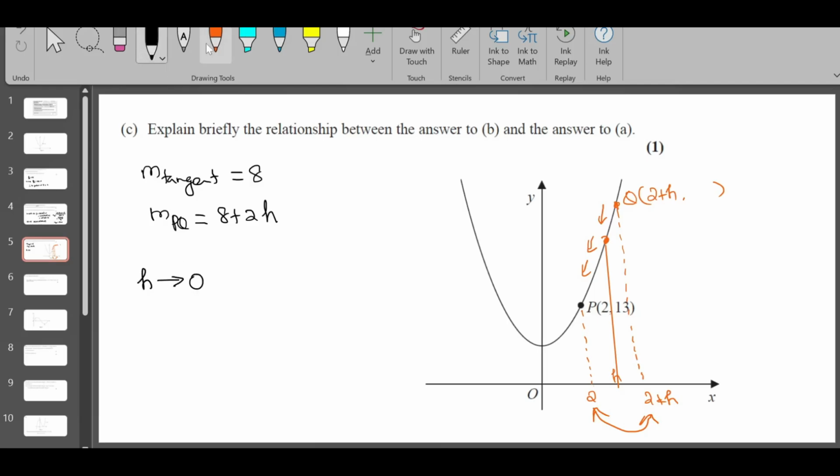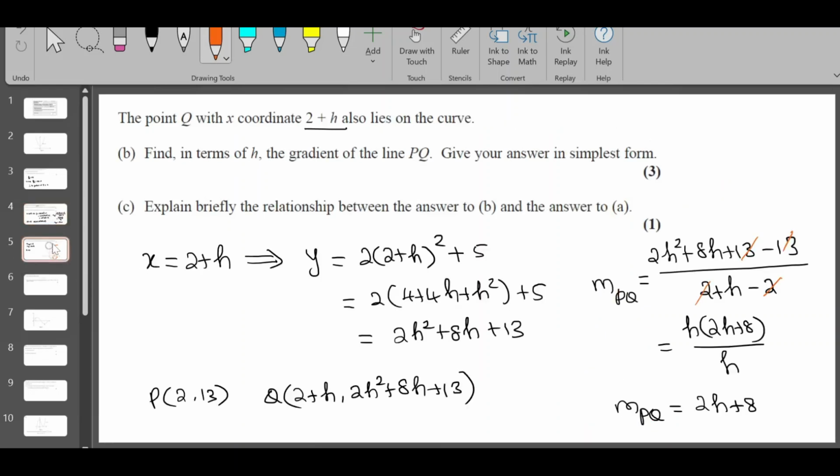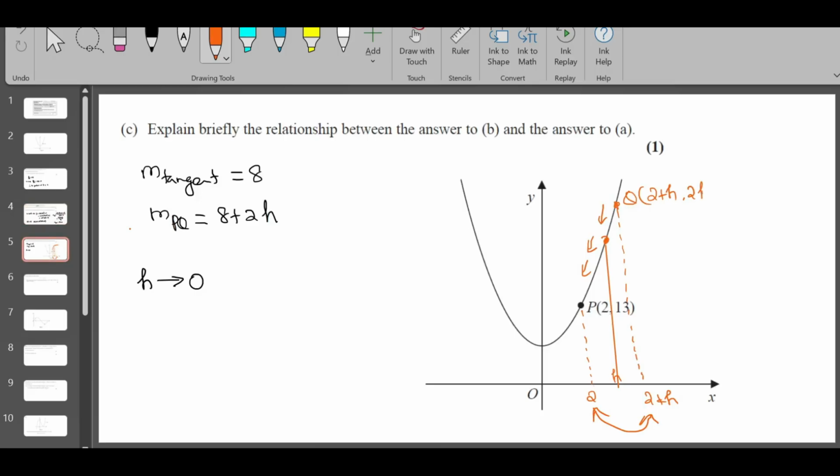The y coordinate is basically 2h squared plus 8h plus 13. When you replace h by 0, you will get 2, 13, which is the same as point P. What does that mean? When h becomes 0, this point will be on top of P, which is the same point actually.